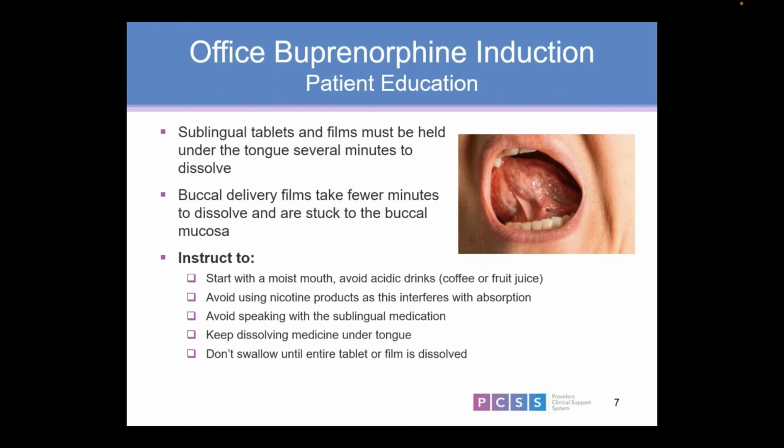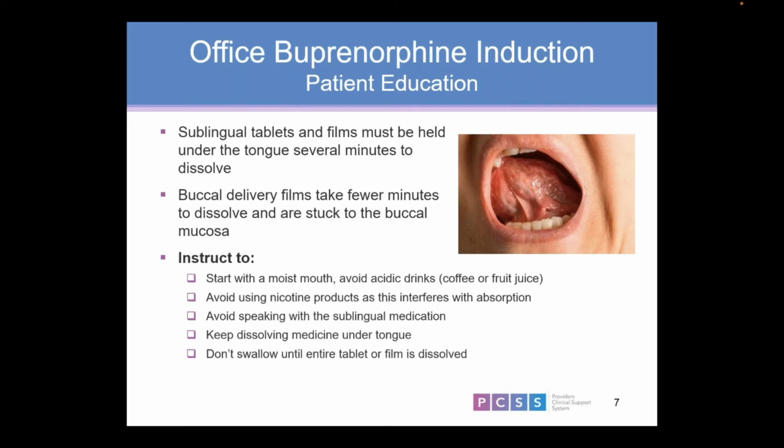And you want to have them avoid acidic juices, anything that's going to cause vasoconstriction within the mouth. The buccal mucosa, you would want to have patients avoid, so coffee and juices. I typically tell people not to smoke a cigarette or use any kind of nicotine products for at least 15 minutes before administration of the medication.